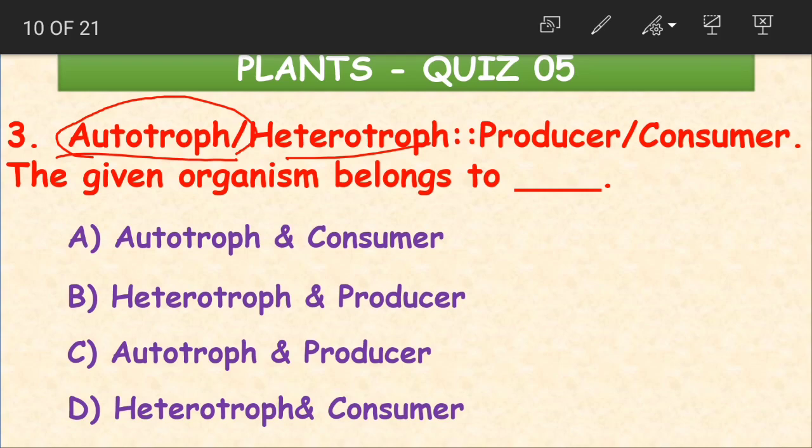Which is the correct answer, children? Autotroph, what did we say?